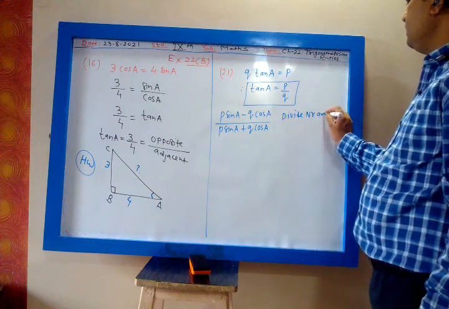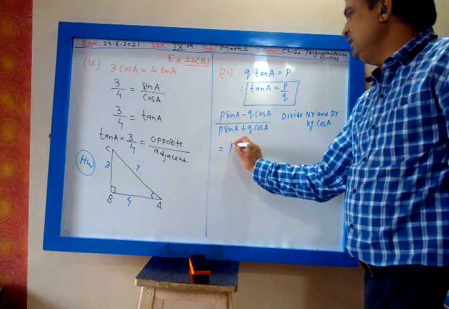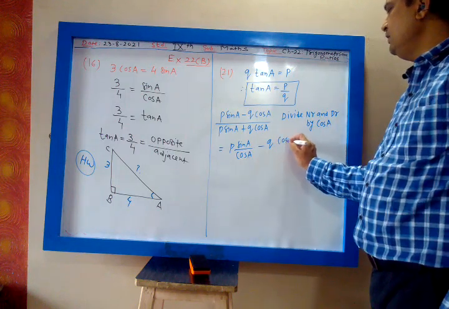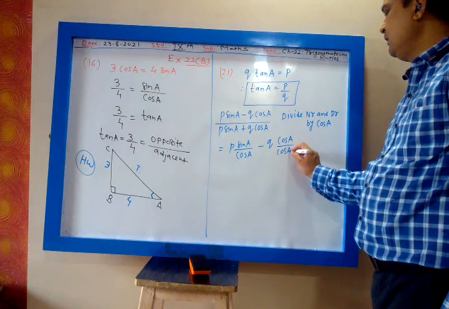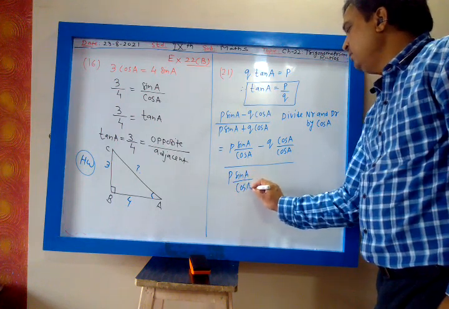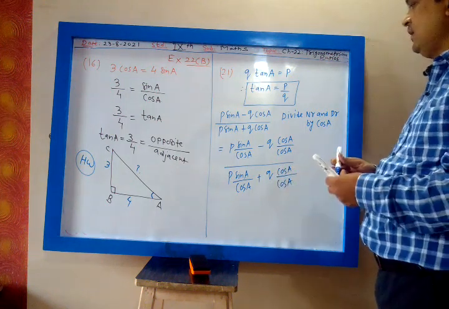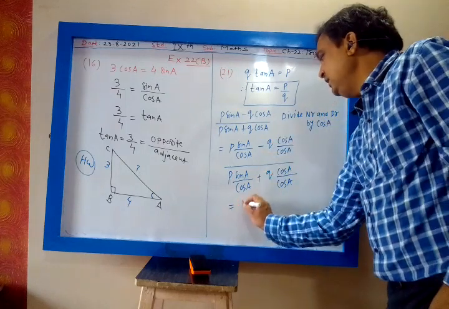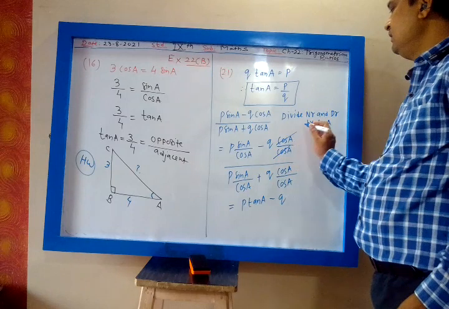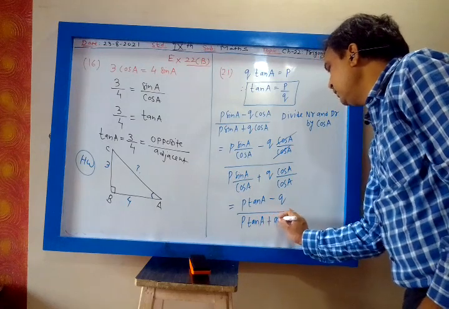Divide numerator and denominator by cos A. So this will become P sin A upon cos A minus Q cos A upon cos A, divided by P sin A upon cos A plus Q cos A upon cos A. P sin upon cos is tan, so P tan A minus Q, cos A get cancelled, then upon P tan A plus Q, cos A get cancelled.